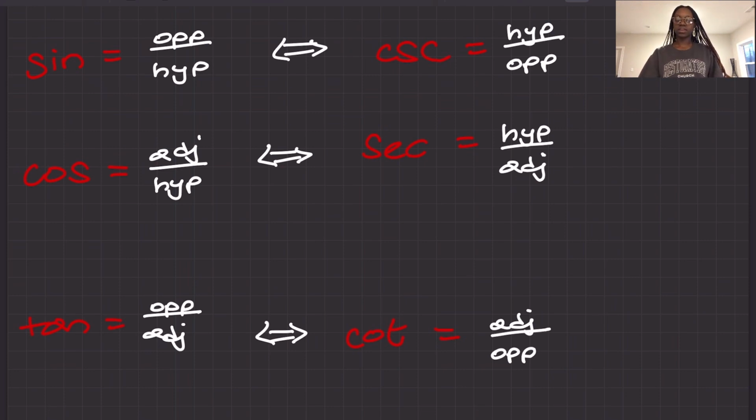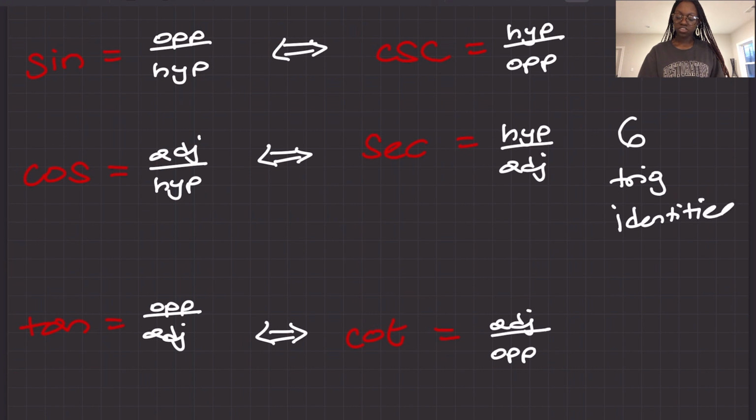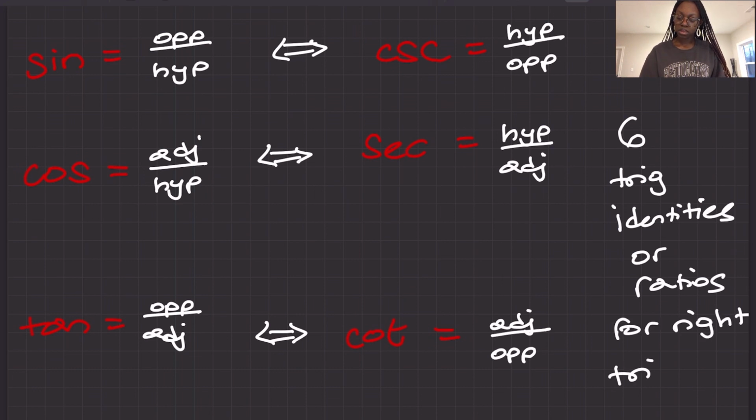And these are the three other trig identities. And so these make up the 6 trig identities or ratios. Your teacher might have you say identities or ratios for right triangles. Okay, those are the 6.